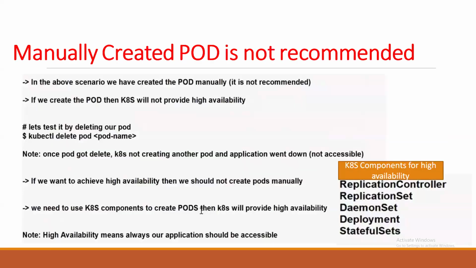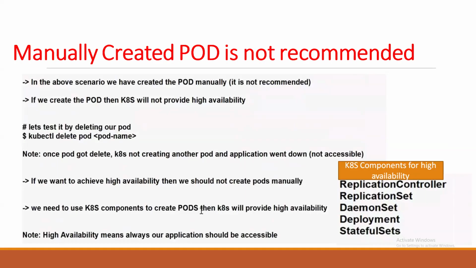Okay. So manually created pods are not recommended, guys. In the above scenario, we created a pod manually. If we create a pod this way, then Kubernetes will not provide high availability, right? So let's test it by deleting our pod with kubectl delete pod followed by the pod name. Once the pod got deleted, Kubernetes did not create another pod and the application went down, guys, right?